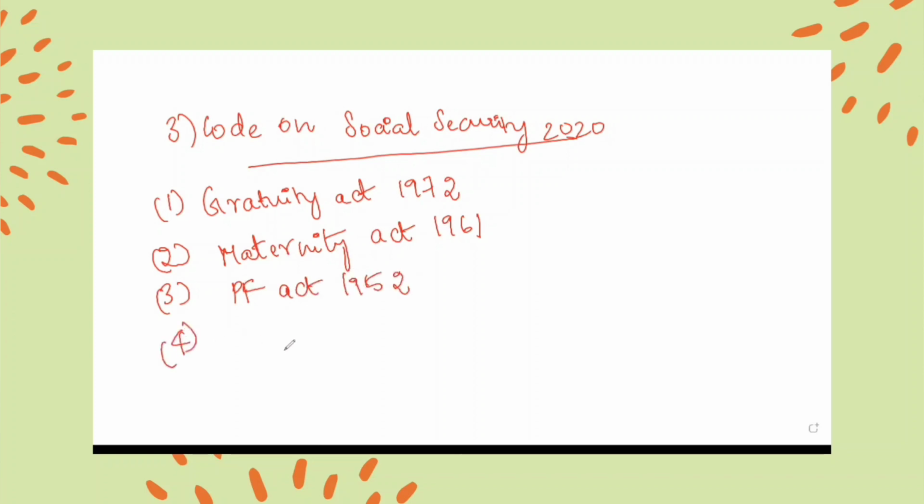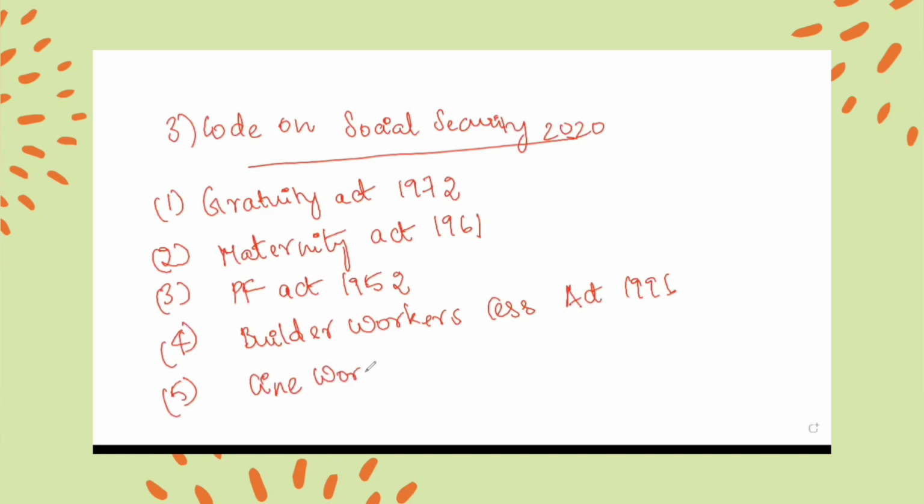And if you're working as a building or construction worker, it's the Building Workers Cess Act 1996. If you're working in the film industry, it is again the Cine Workers Welfare Fund Act 1981.